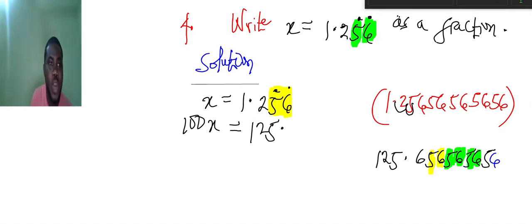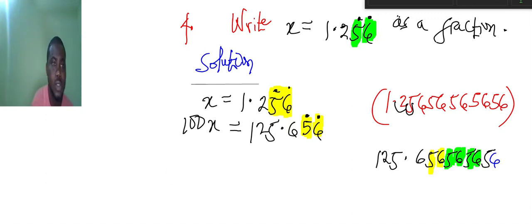So 125.6, then we now have 56 being the recurring digits. Otherwise, we won't be able to eliminate the recurrence of 5 and 6. Very important.